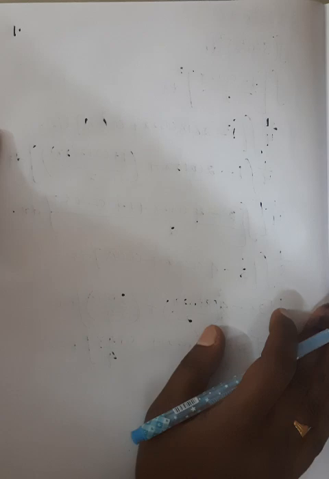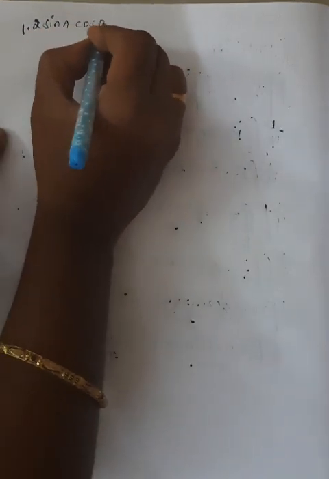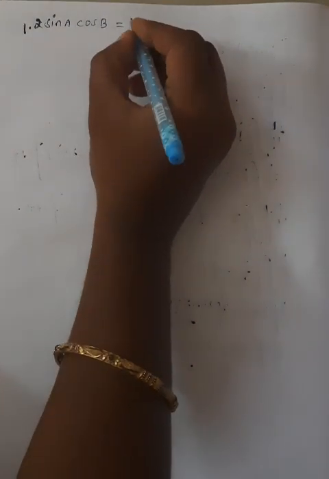We know the formulas. First one, 2 sin a cos b. Formula is sine of a plus b plus sine of a minus b.